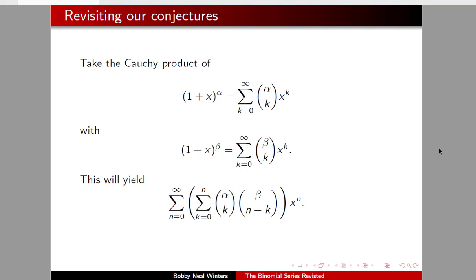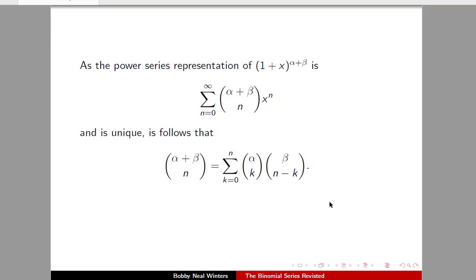If we take their Cauchy product, this will yield the sum of n equals 0 to infinity of the sum of k equals 0 to n of alpha choose k, beta choose n minus k, times x to the nth power.